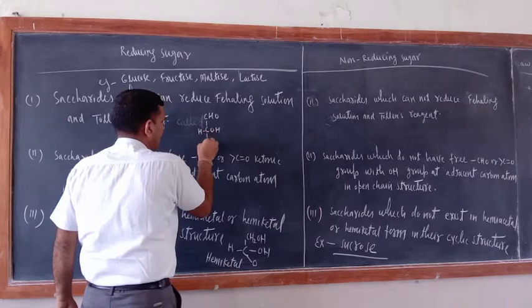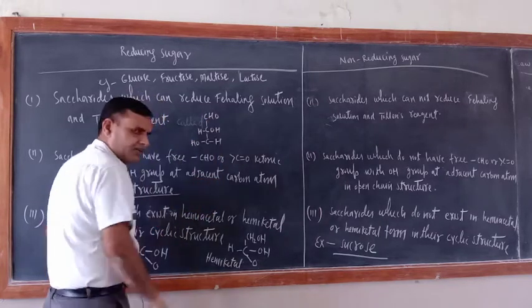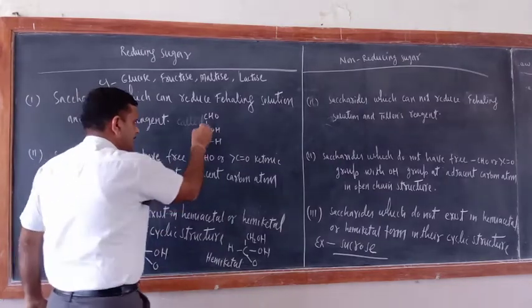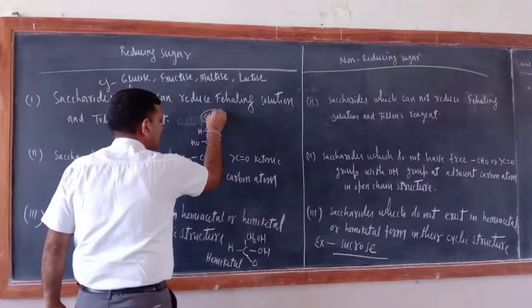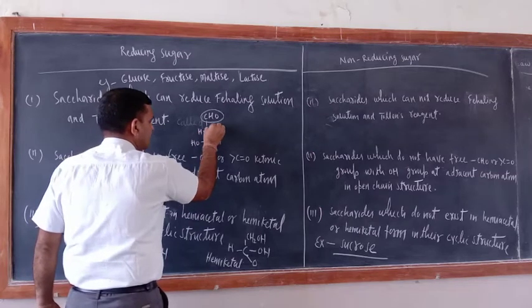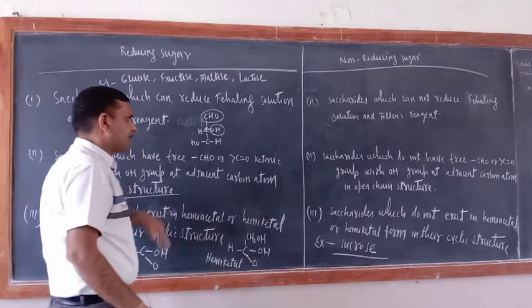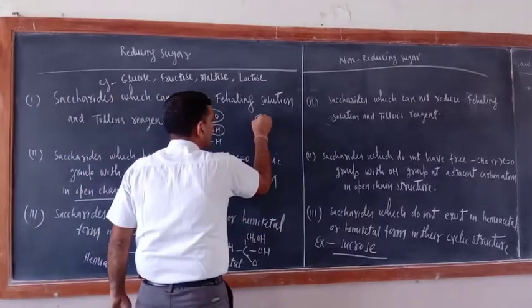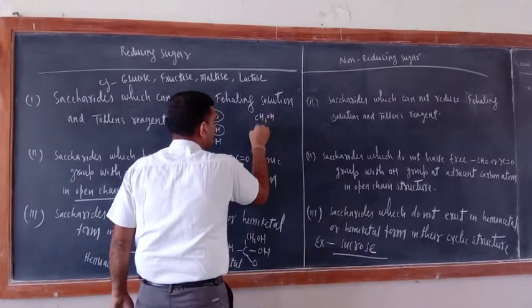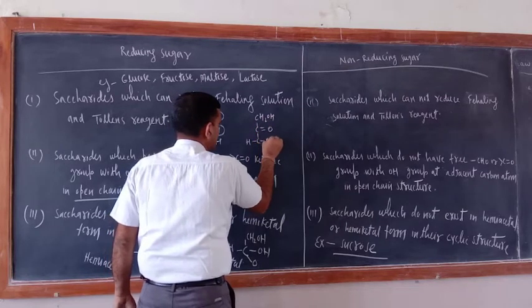CHOH, and here what is there? OH and H. Correct or not? Like that you can write 6 carbon atom. So just see, here free CHO group is there, and this is the adjacent carbon atom, and this adjacent carbon atom is having OH also. Same is the case with the ketonic group. This is CH2OH, here what is there? C double bond O, this is H, and this is OH.